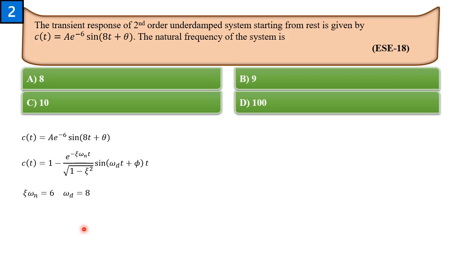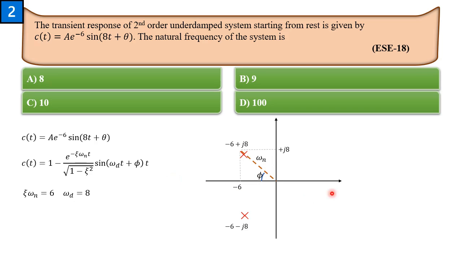As we did in the previous question, we will represent these in the S-plane like this. Zeta omega n is 6, so 6 units, and omega d is 8, so 8 units here, and we have to find omega n. We can apply Pythagoras theorem and we get 10. This is our required answer.